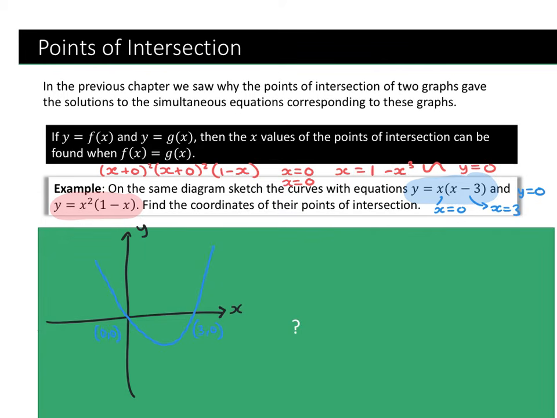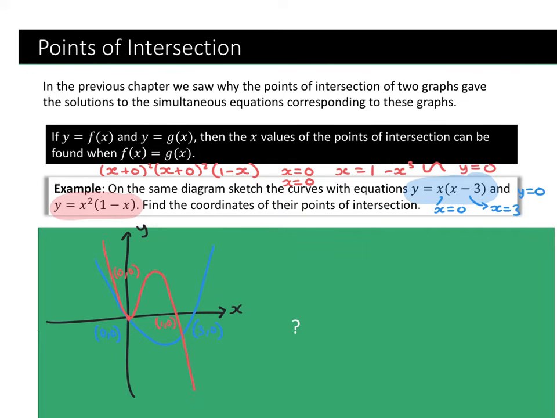So I personally think it's going to look like this, and this is 1, 0, and again this point is 0, 0, okay? So my graph is going to look something like this. I mean, obviously, this one might be a bit moved over because if 1's here and 3 here, the gaps don't make sense. But again, this is a sketch, okay? As long as you label all of the points of intersection on your sketch, you will get full marks, okay?